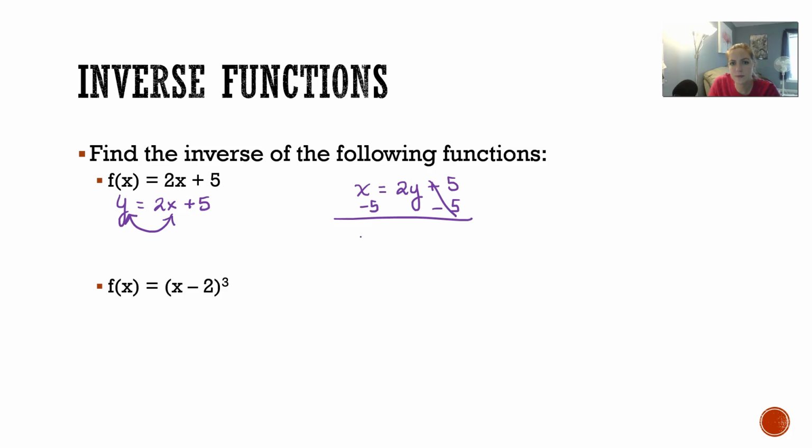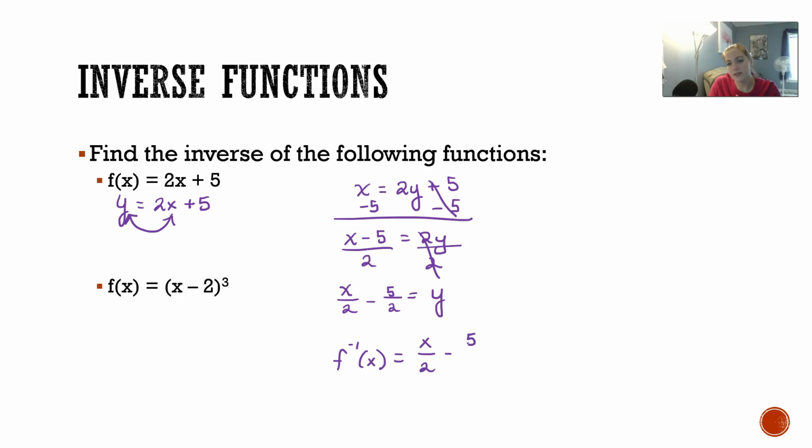Boom. x minus 5 equals 2y. Divide both sides by 2. Be cautious here because we want to divide both of these items by 2. So this would be x over 2 minus 5 halves. Make sure you're always dividing both of those terms. And the last step is to change that y to f inverse of x. And then just rewrite it as x divided by 2 minus 5 halves.